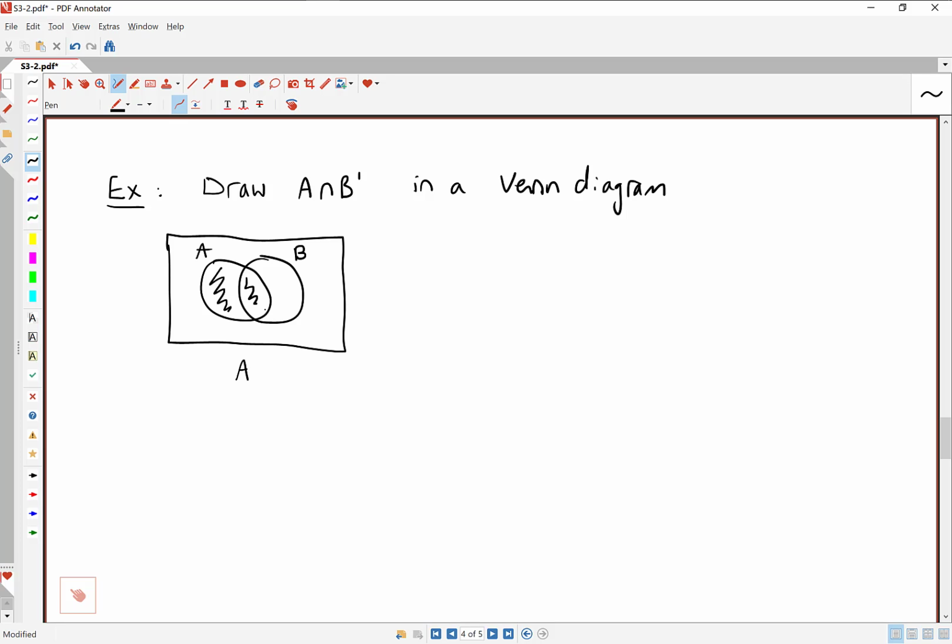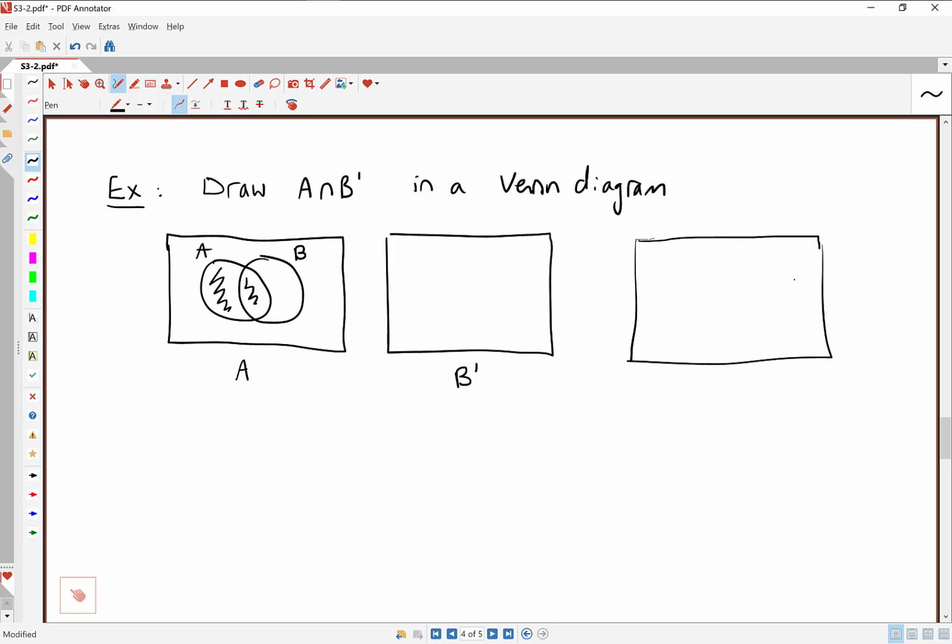So we're just shading in everything in the circle for A. And we're going to draw a series of these diagrams. So next set that we might want to understand is the complement of B. And then once we've got A and the complement of B, then we could think about performing the intersection operation. So that's the logical flow of how we're going to draw these diagrams. And so by the third diagram, we'll have our answer.